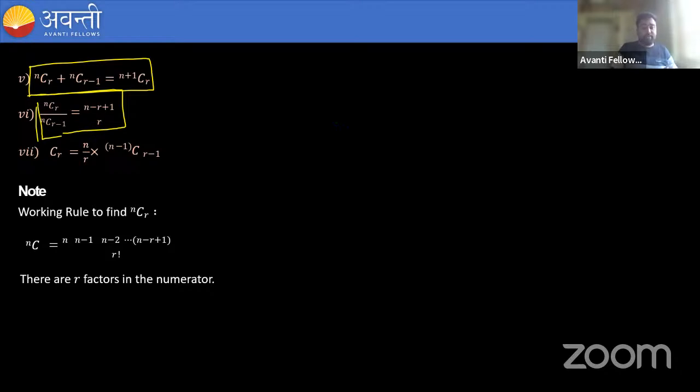What is the seventh formula? I'm writing it properly. nCr upon nC(r minus 1) is equal to (n minus r plus 1) by r.